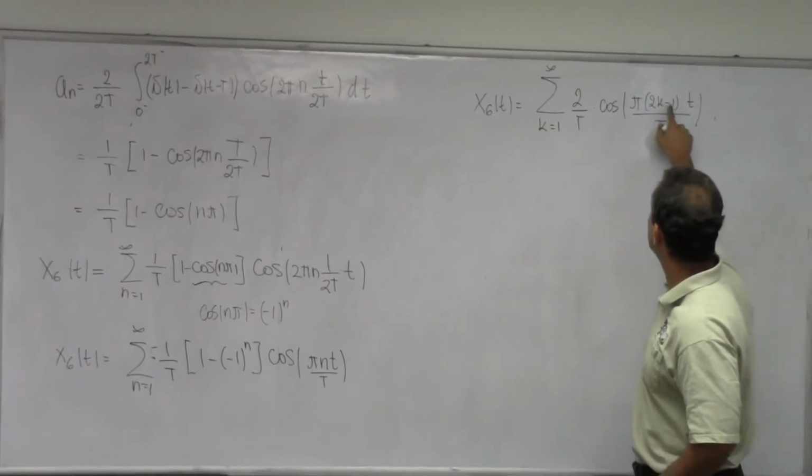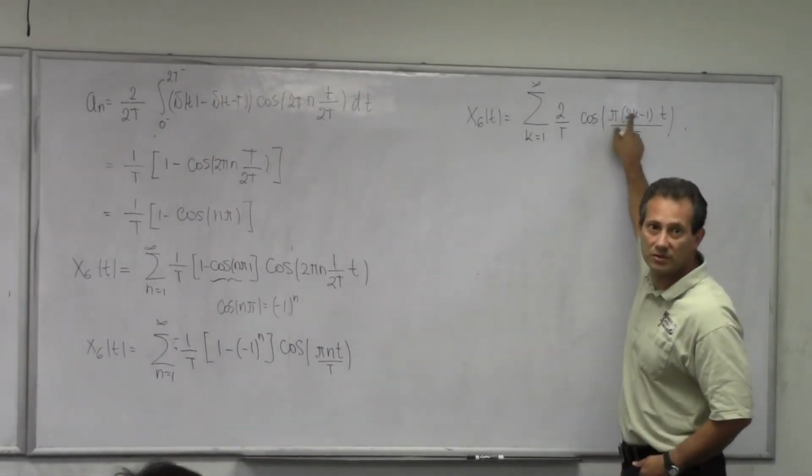You can see here, when k is equal to 1, this is 1. When k is equal to 2, this is 3, and so on.